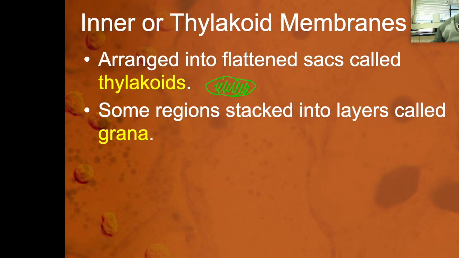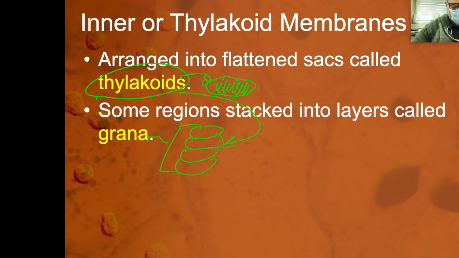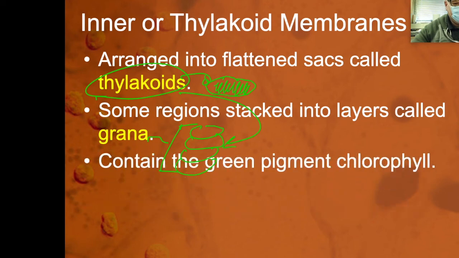A stack of thylakoids is called grana. One thylakoid, okay? A stack is called grana. This is where the chlorophyll lives.